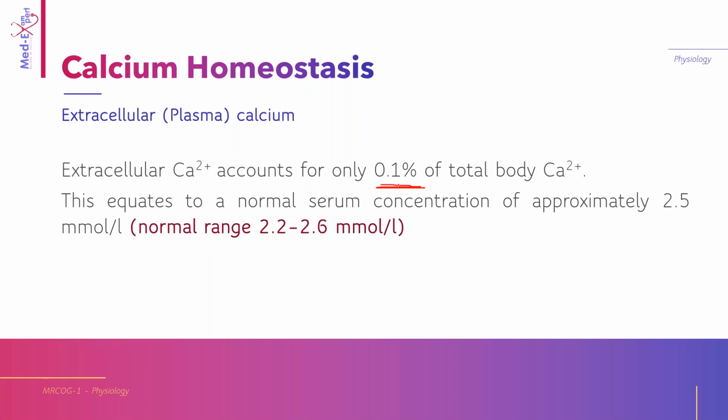This percentage is very important, 0.1%. So we have to differentiate between the extracellular calcium alone and the calcium in cells and body fluids. Cells and body fluids collectively hold 1% and the plasma only 0.1%. And this percentage is very important, and it's a very important exam question.